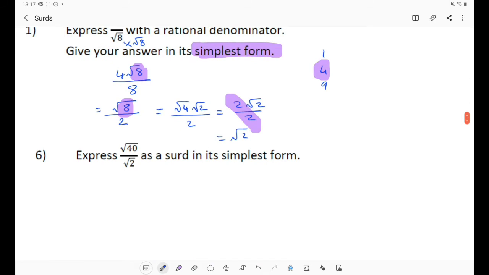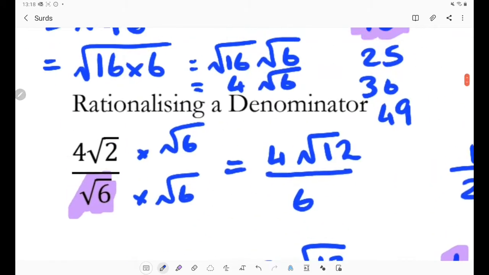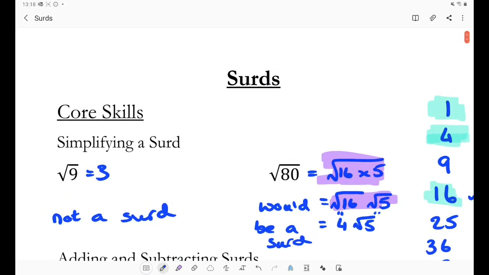The next one, we had times root 2 times root 2. So that was going to be root 80 over 2. And then we had to simplify 80. So we had 1, 4, 9, 16, 25, etc. However, we did cheat here because up at the top, we'd already found root 80.